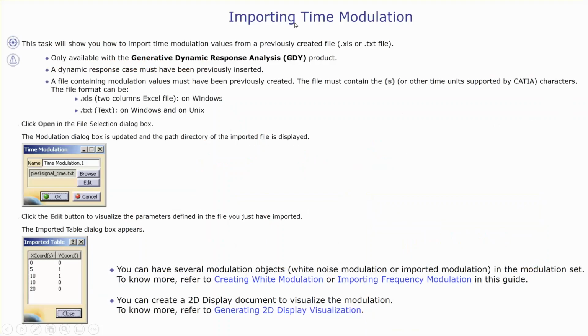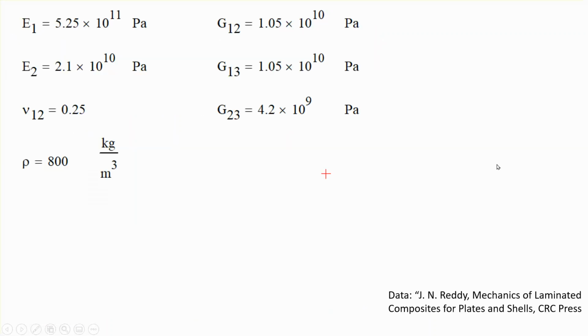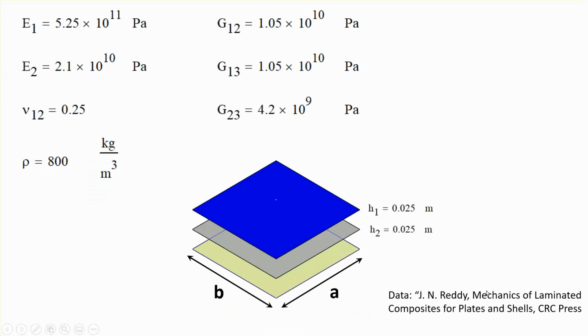Now, this is some documentation from CATIA's limited native FEA solver. You can look at it; I'm just going to move along. Now, the material properties that I'm taking are from Reddy's book for a problem that they did. In fact, problem number 26 was from Reddy's book, okay? And these are the material properties that he's using.